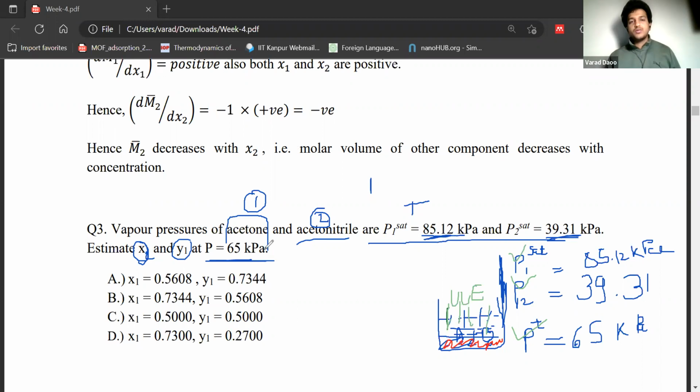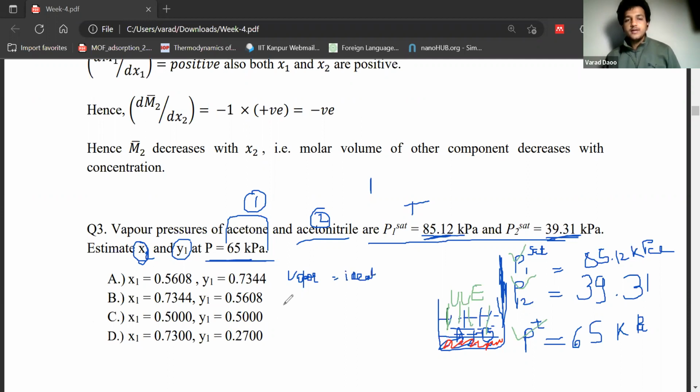One thing which you have to remember is, whenever nothing has been mentioned in the question regarding whether the vapor is ideal or non-ideal, or whether it follows Henry's law or which law, you always assume that the vapor is ideal, ideal gas vapor.